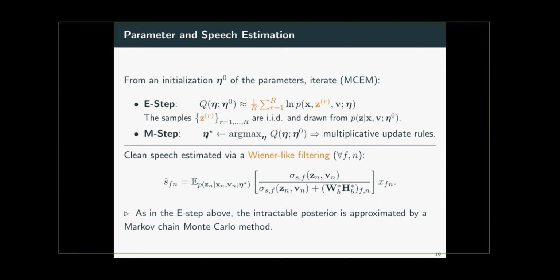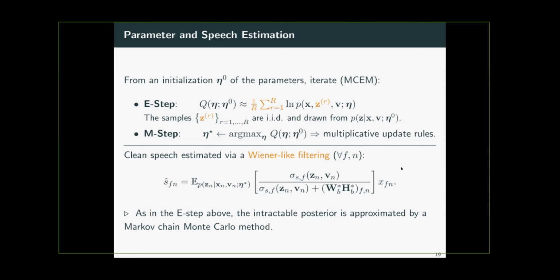And then I can maximize over the parameters of the noise using some multiplicative update rules. Okay, so this part, the M step here, has closed form. The one that does not have closed form is the E step. And then once I have done that, at the end of this MCEM algorithm, I can use the formula you have here to estimate speech, the clean speech.